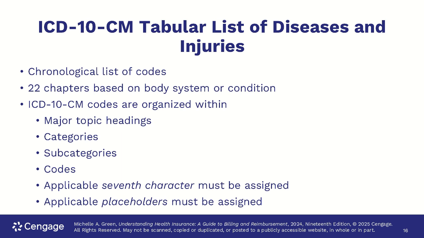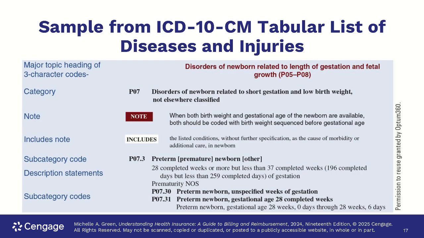The tabular listing consists of 22 chapters based on body system or condition. And in the tabular list, that is when you are going to see lots of instructional notes that are designed to provide additional guidance. And those are going to be things like code first, use additional code, etc.